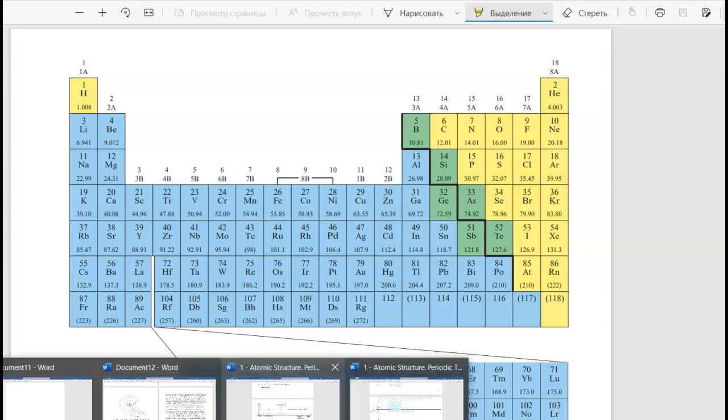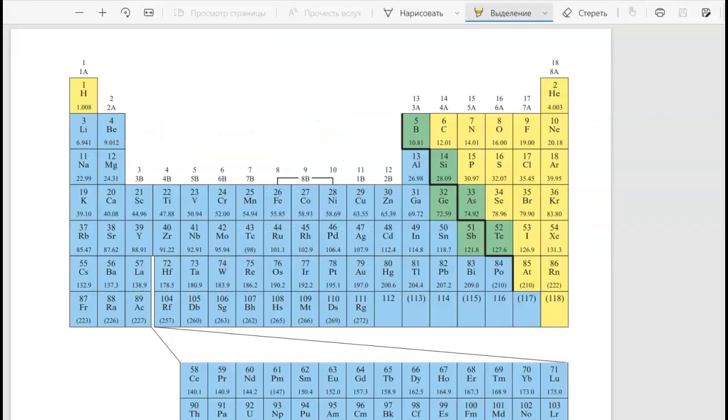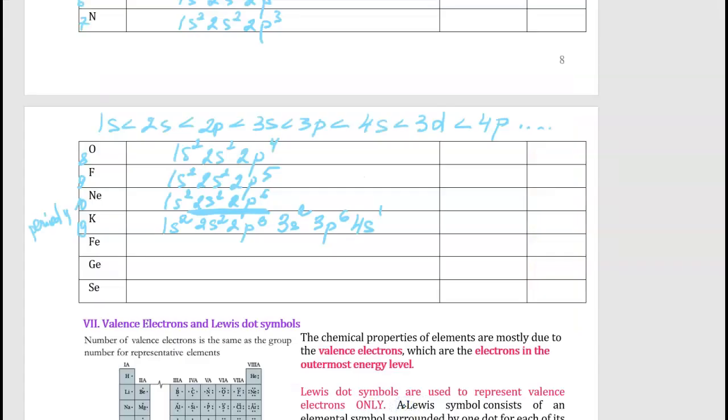Okay, but it's not like this for iron. Let's find it here. Iron is here, right? So it's in B group, actually 8B. Iron's atomic number is 26, that means that it has 26 electrons.